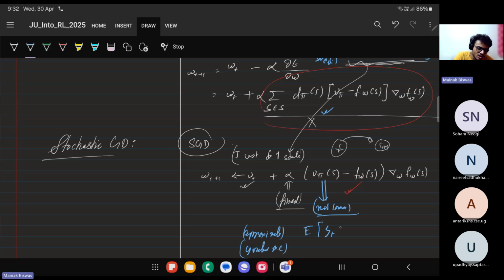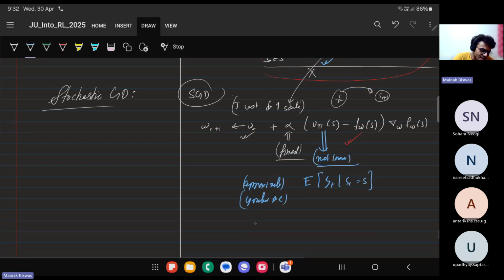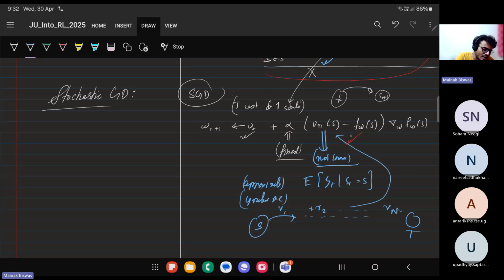You can write this as G_t given S_t equal to s. From state s, you start and traverse till you reach the terminal state. You collect all the rewards, R1, R2, up to Rn, and then just add them and put it in V_pi. Fine.